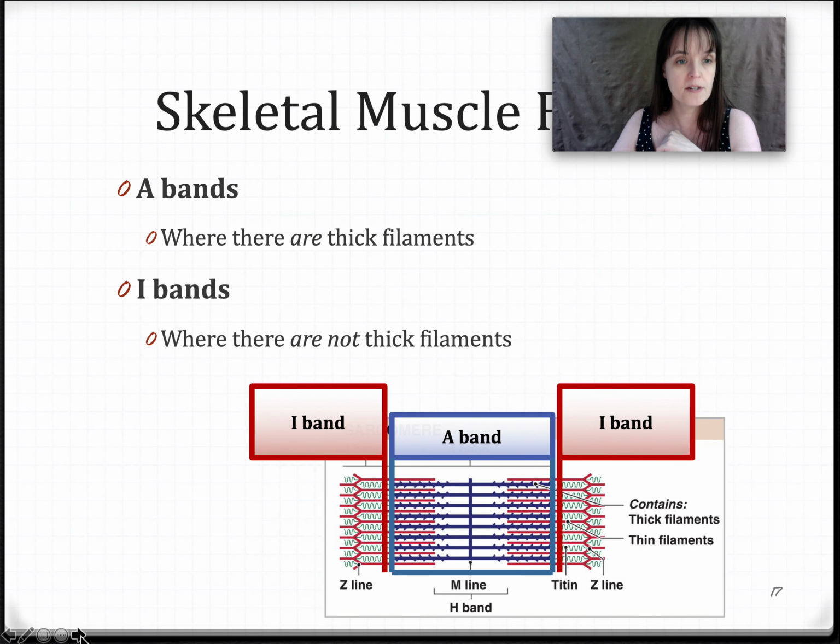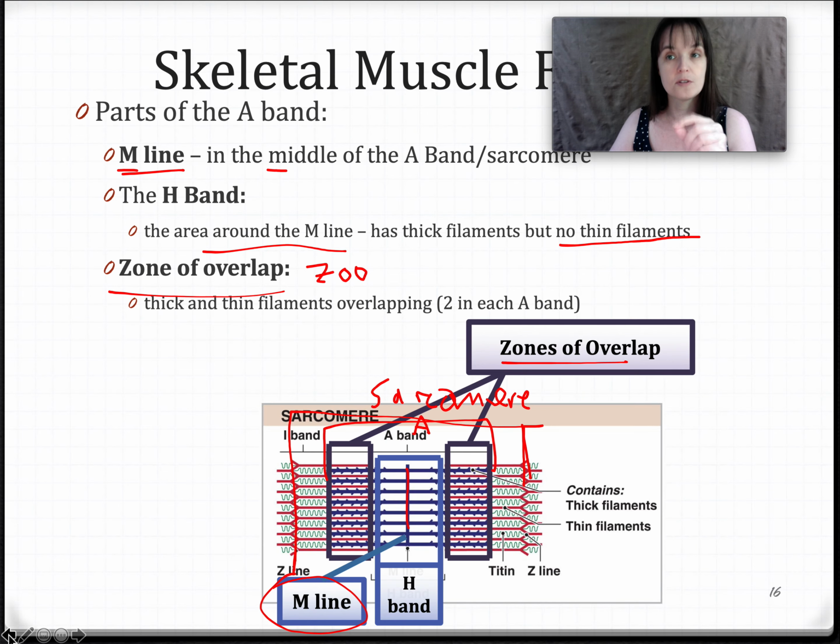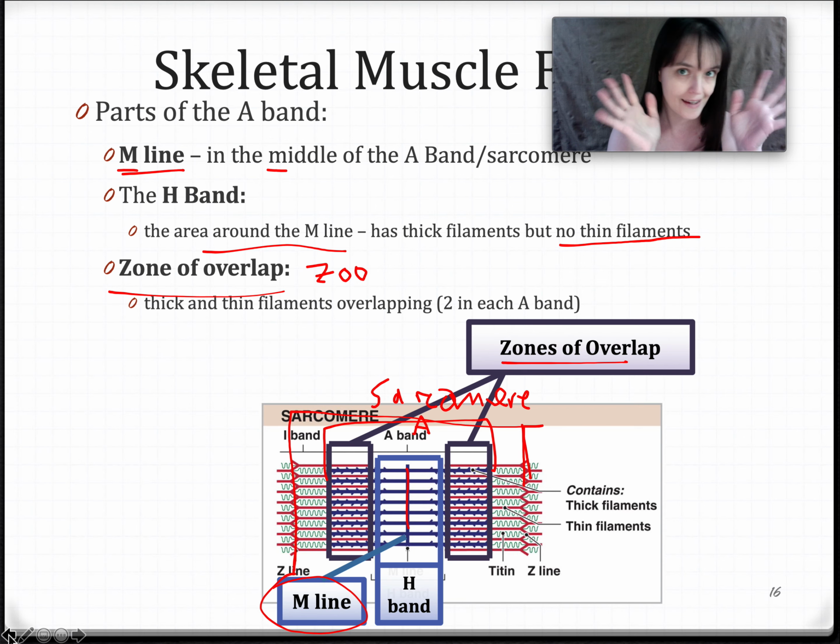And you should know that a triad surrounds each zone of overlap. We said the triad is one T-tubule with two terminal cisternae on either side. And we said about the T-tubule that it was part of the excitable sarcolemma that grows inside the muscle cell and brings the excitement.